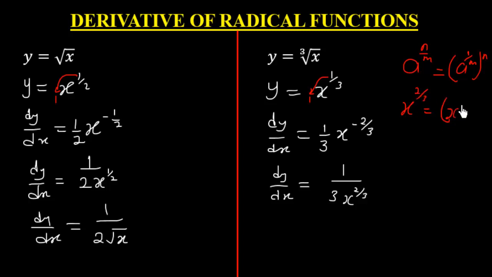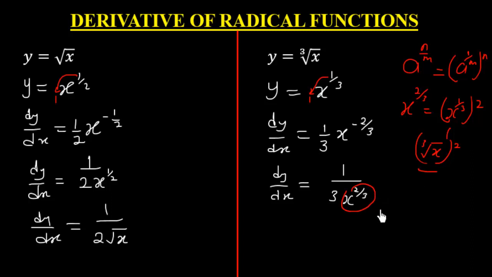So that's going to give us x to the power 1/3, all to the power 2. So we are bringing the 2 out, and when the 2 is factored out, what will be left is 1. And remember, this x to the power 1/3 is the same as cube root of x. So we bring the 2 here, so that becomes cube root of x to the power 2.